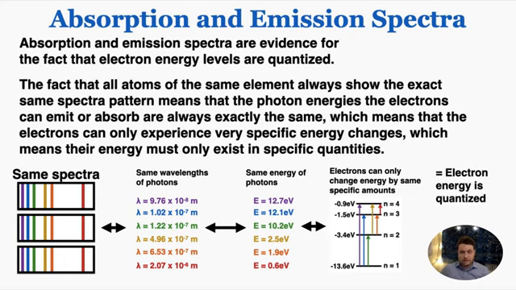It can only exist in these very specific amounts and cannot exist between them. If it could exist between them, then we would get additional wavelengths that were absorbed or emitted. And that's not what we see in the real world. We always see the exact same spectra patterns for all atoms of the same element. So this is how we know that electron energy is quantized. So absorption and emission spectra are evidence that electron energy is quantized.